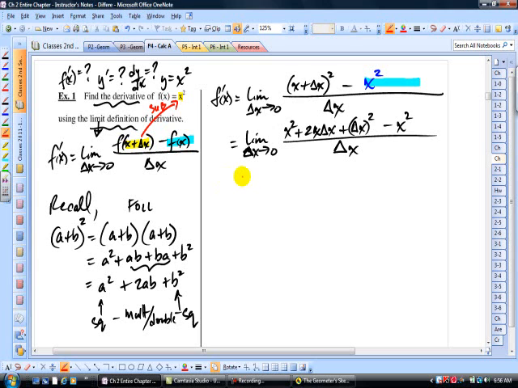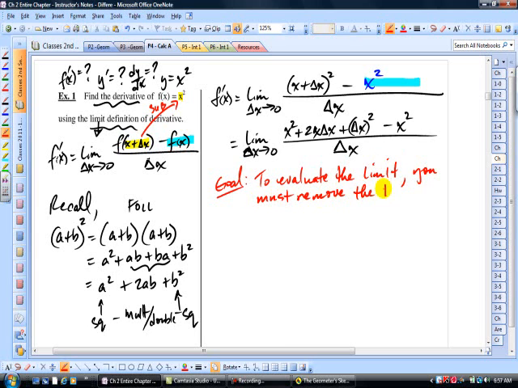So let's write that down here. The goal in all of these, to evaluate the derivative, you must cancel out the delta x. Okay? So to evaluate the limit here, you must remove the discontinuity, which means delta x.